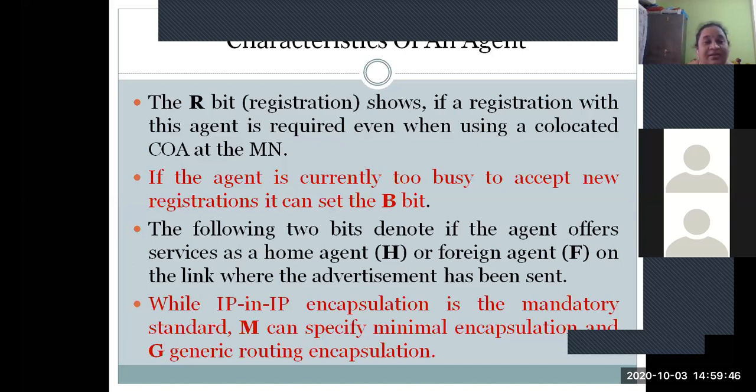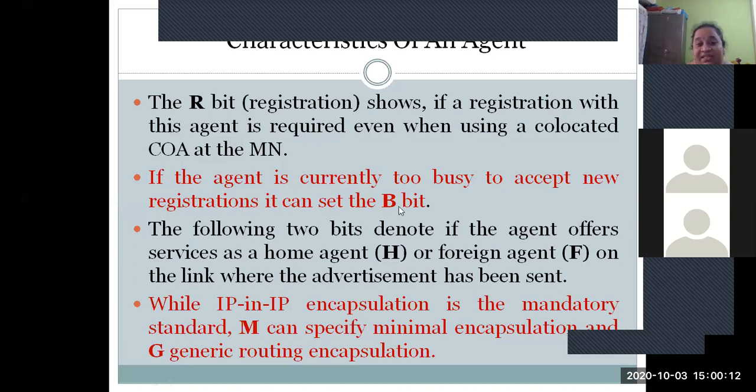But even though you are using the co-located COA, if you require registration with that particular agent, then the bit shows that even though you have been allocated the COA, you have been registered at that particular agent. That bit is enabled to show that your registration has been done at that particular agent, even though you are only allocated the co-located COA, right?